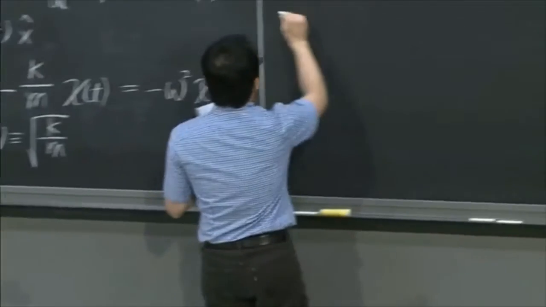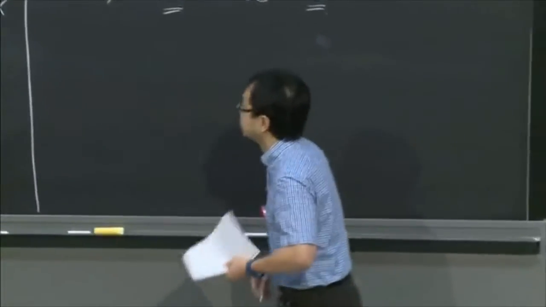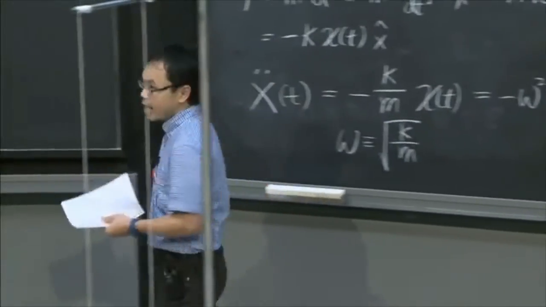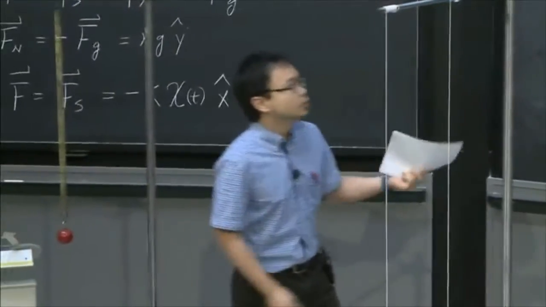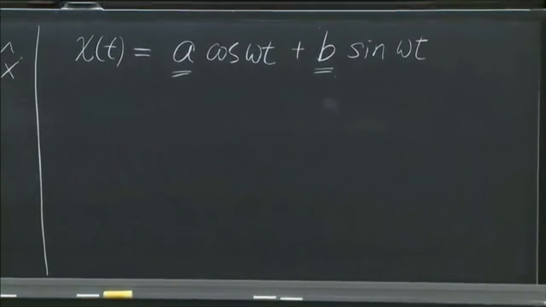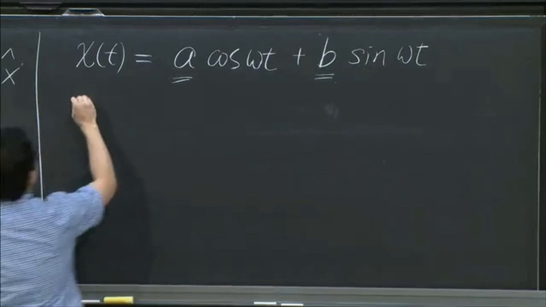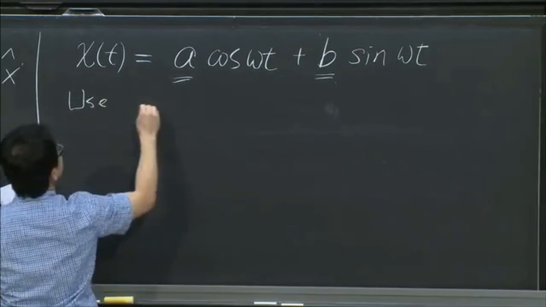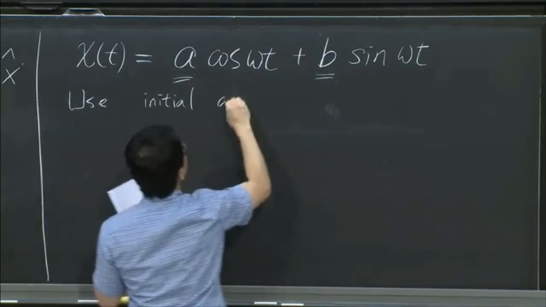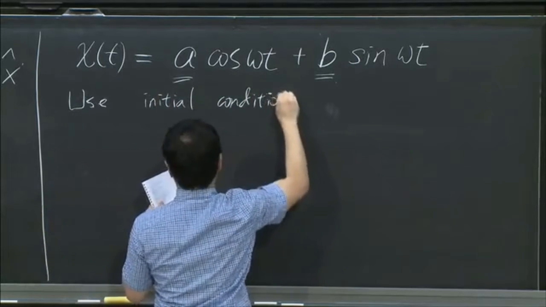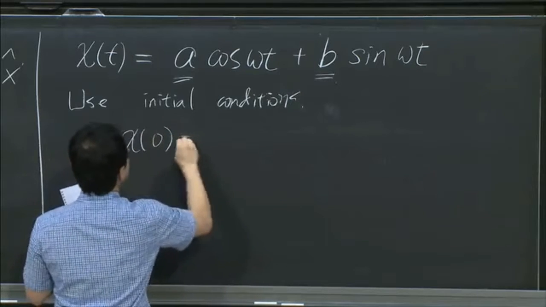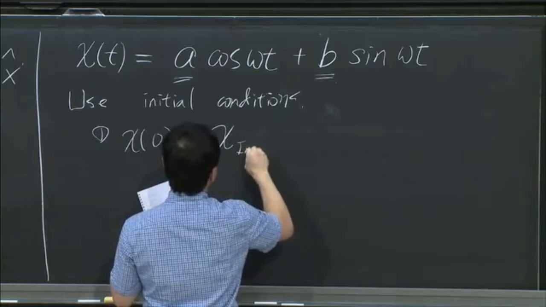Now I take my physicist hat back, and it is my job again. We have the solution, and we need to determine what these two unknown coefficients are. I'm going to use the two initial conditions. The first initial condition is x(0) equal to x initial.